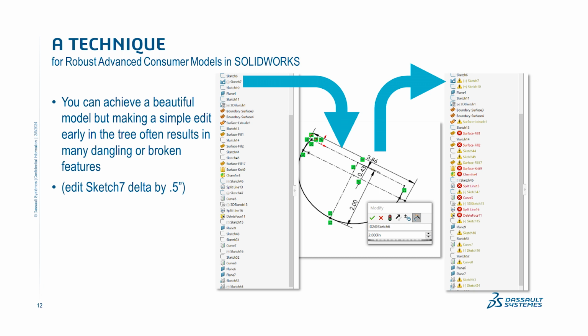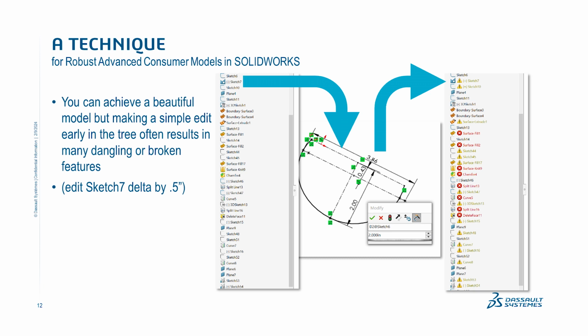As in this example of this model, where just one change by half an inch of that feature turns the feature manager into that tree of blood. This is really at the crux of the problem, and this is what we have to deal with as advanced shape designers.